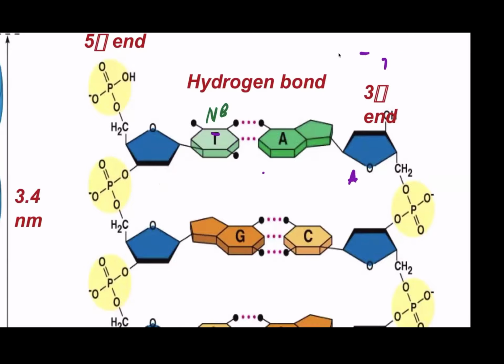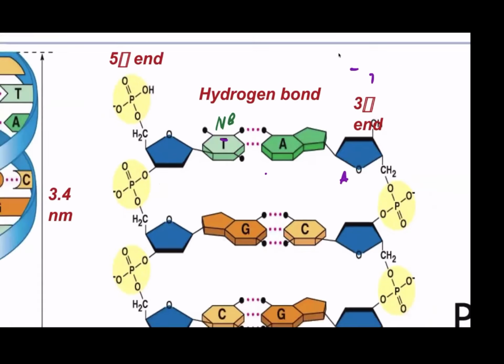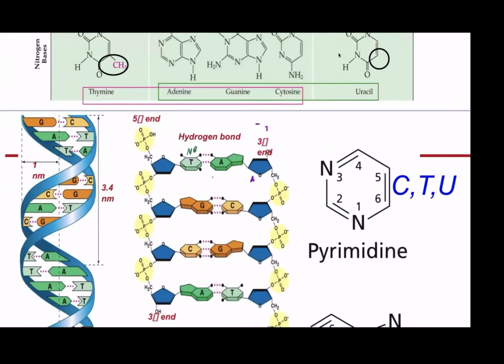So these are the 2 strands. It's like a ladder, but if you twist this ladder, it will become just like this double-stranded DNA. That's how we draw it. And in the middle part, we have these nitrogen bases. T always pairs with A. T is complementary to A by 2 hydrogen bonds.